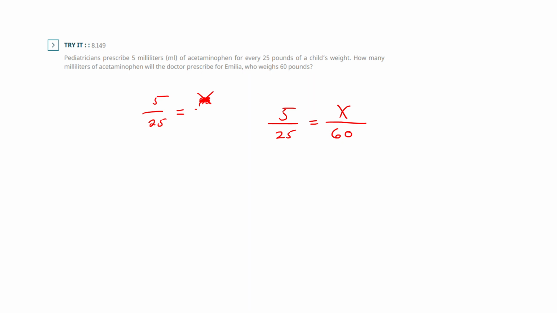Okay, so make sure I've got the milliliters to milliliters. I've got pounds to pounds. Now let's lasso. I'm doing 25x. Remember, I'm doing the diagonals. Okay, now we're dividing both sides by 25. Now it's a word problem, so this is 12 milliliters of the acetaminophen.